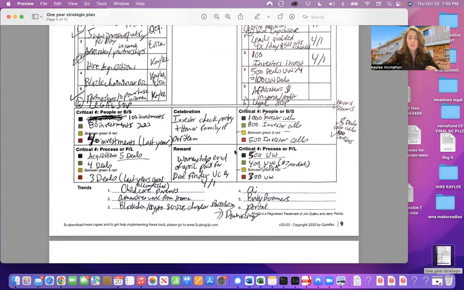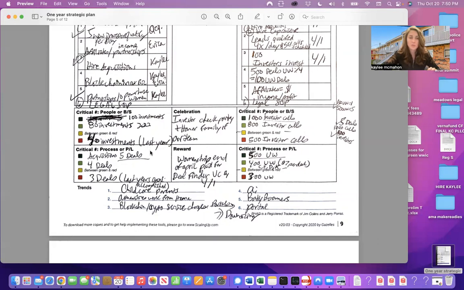We could have two different ones going. What does it look like to be above your critical number, and what does it look like to reach that reward? So we just defined it here.